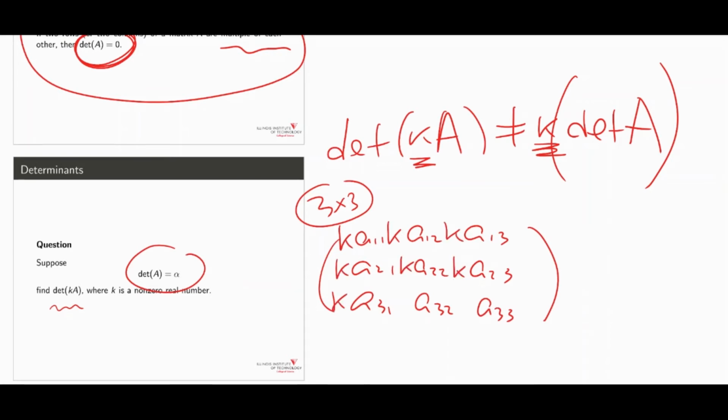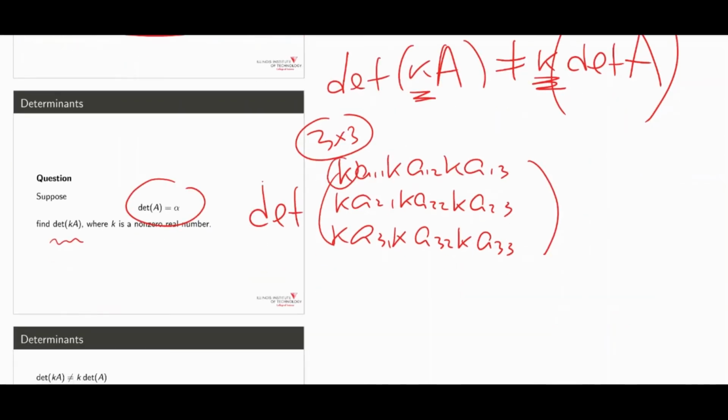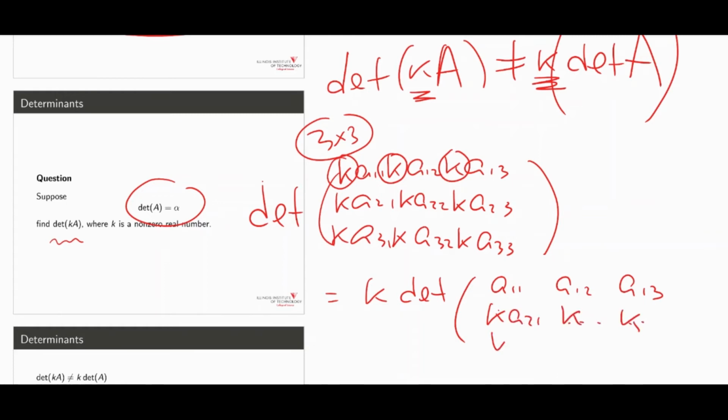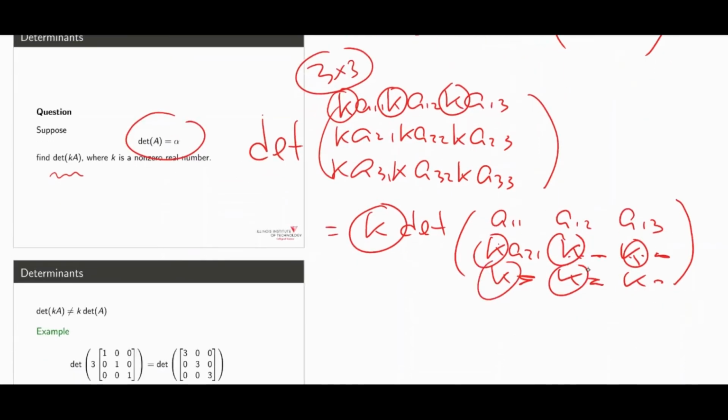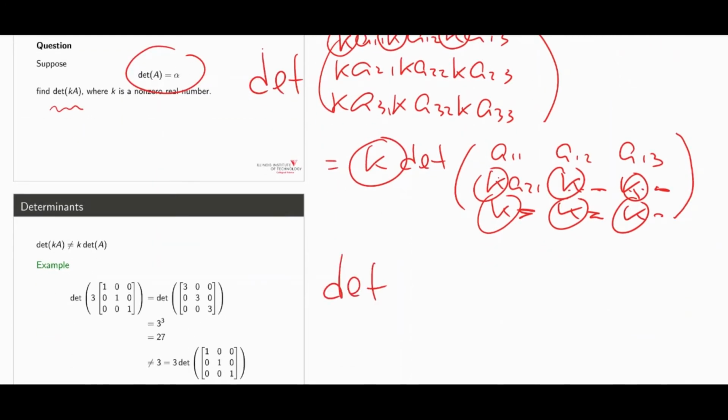Then if you compute the determinant, you will have to use the properties that we talked about before by factoring out one by one. So you have a k, and then the determinant of the A11, A12, A13, but you still have the k, kA21, and so on here. They still have a k, because when you do factorization, you can only do it one row at a time. So you take one of the k out, then factor the k from the second row, and then factor the k from the third row. So if your matrix is of size 3 by 3, the determinant of kA turns out to be k to the power of 3 times the determinant of A.